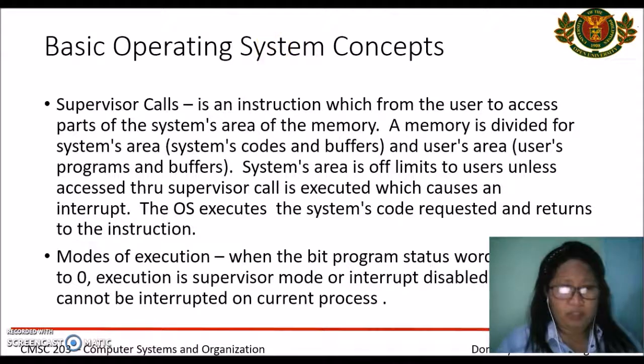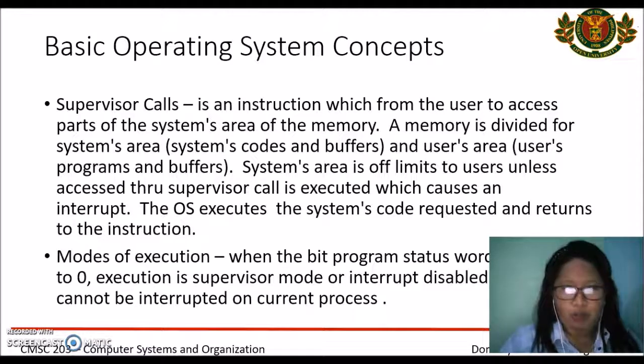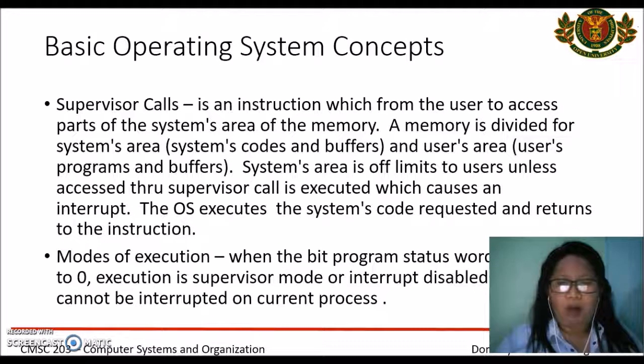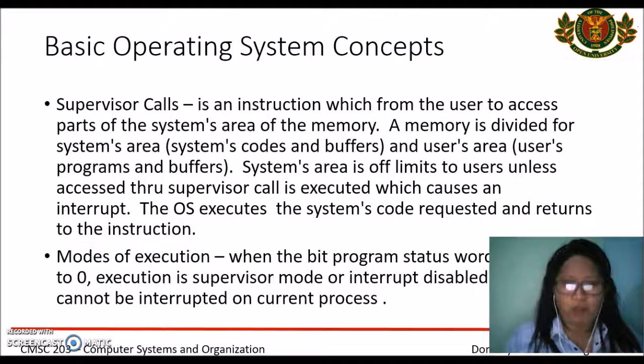Supervisor calls. What is a supervisor call? This is an instruction from the user to access parts of the system's area of the memory. Memory is divided into two: one is for the system's area and the other is for the user's area. The system's area contains the system's codes and buffers, while the user's area contains the user's programs and buffers.